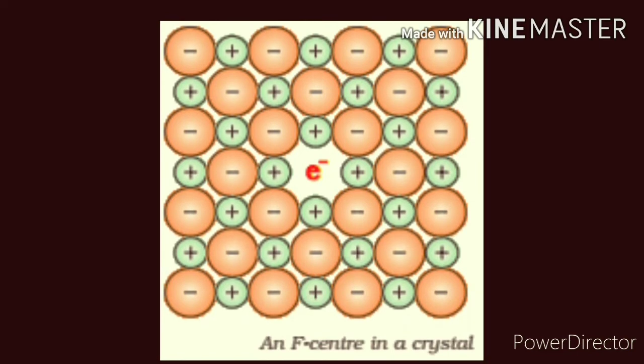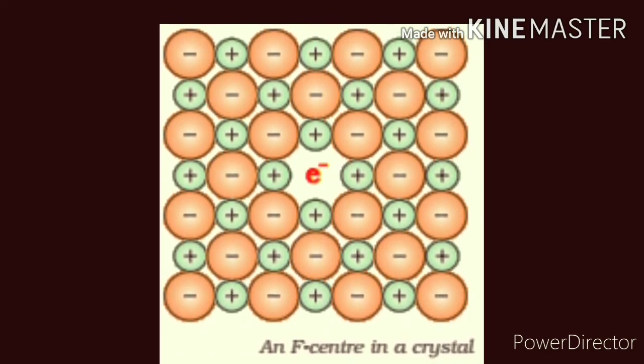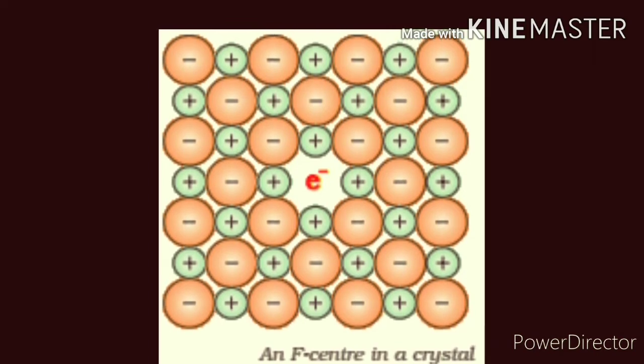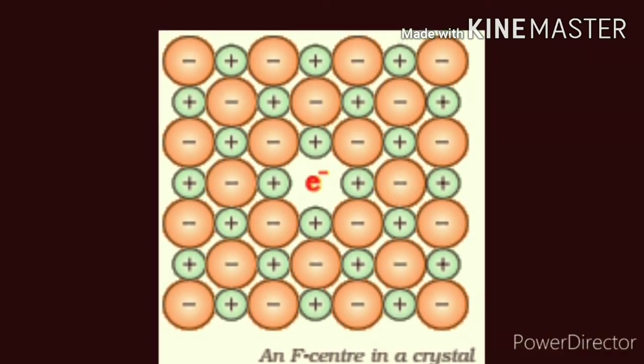In such a condition, to maintain electrical neutrality, the chloride ion from its lattice site gets dislocated, leaving the electron behind at the lattice site, and moves to the surface and combines with sodium atom which is present in the sodium vapors to form NaCl.